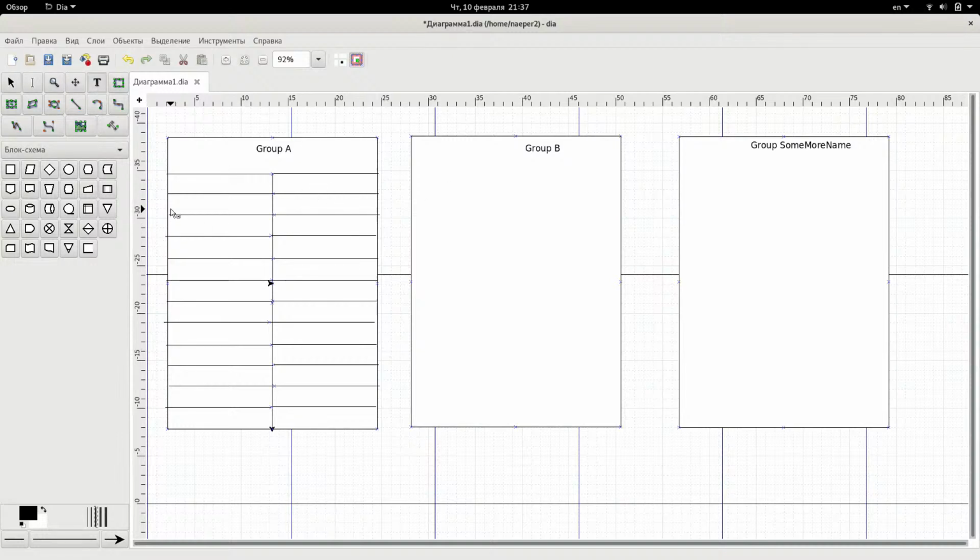So it could be value 1, and here will be name 1. Let it be so.